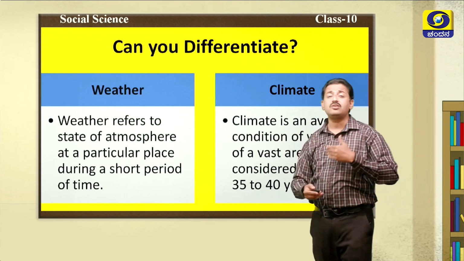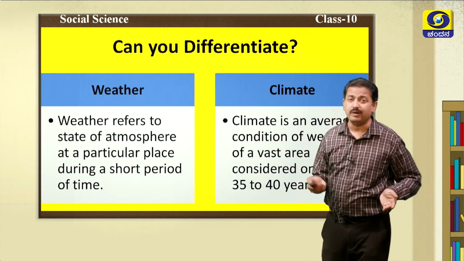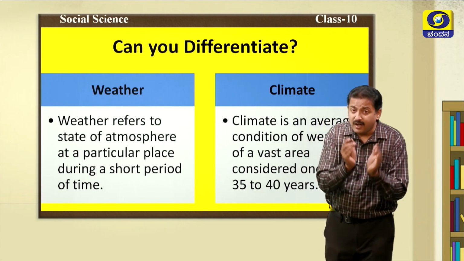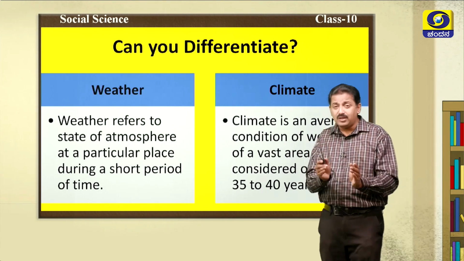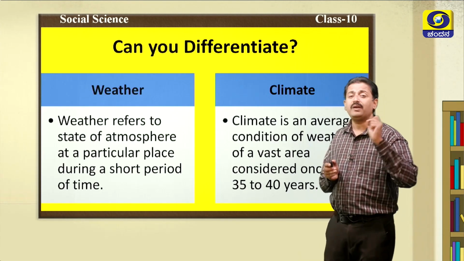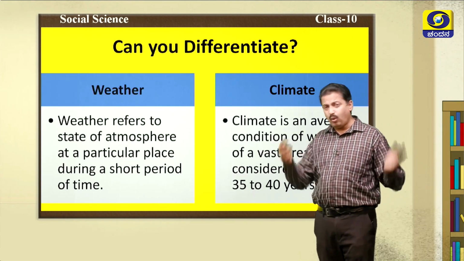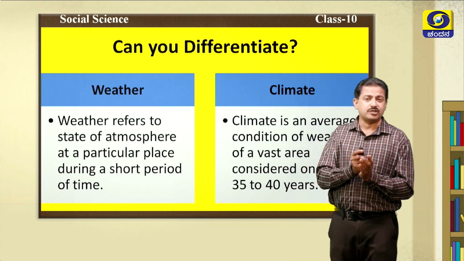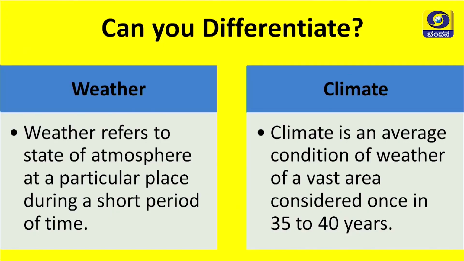Again it changes with respect to rainfall and humidity, that is called weather. So, weather refers to the state of the atmosphere at a particular place during a short period of time. What is climate? Climate is an average weather condition of a vast area considered once in 35 to 40 years.